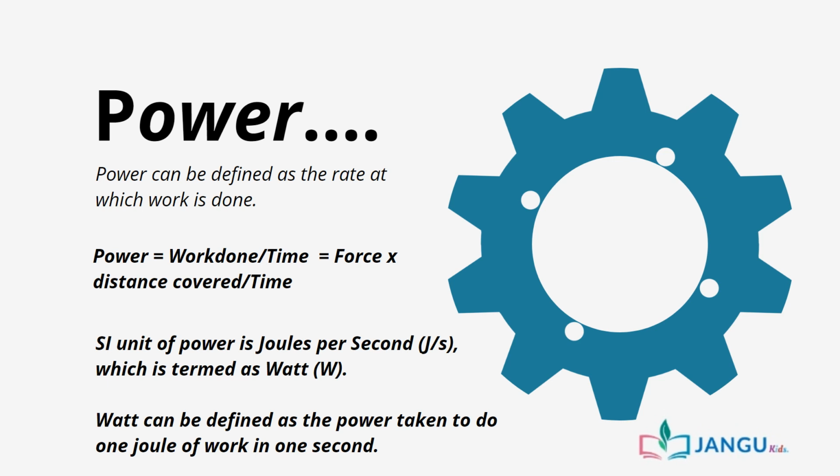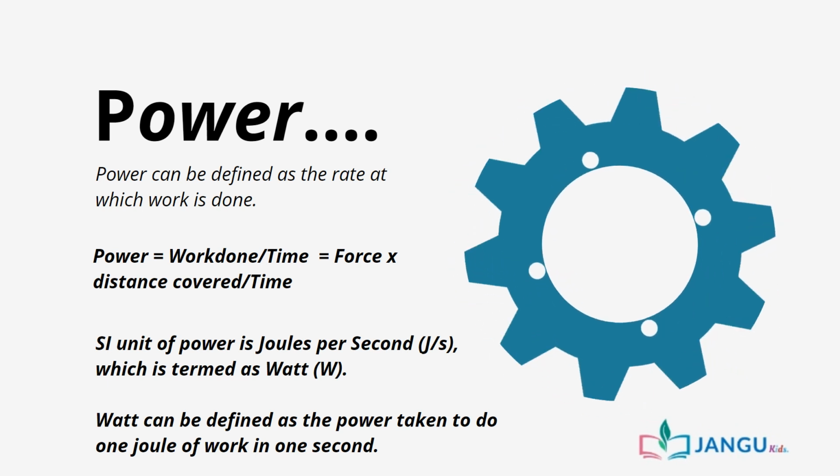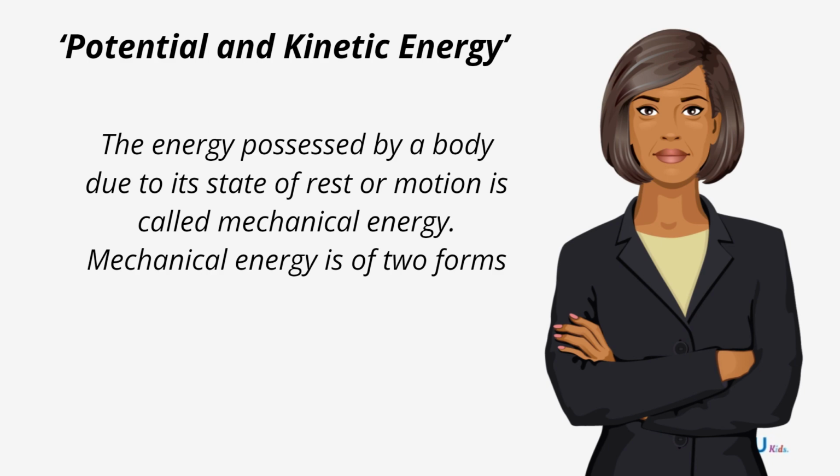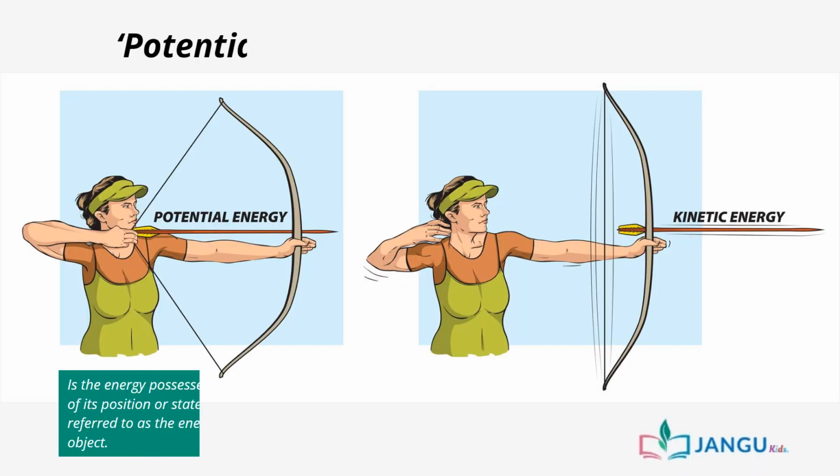We mentioned earlier the various forms of energy. Here we will be looking at potential and kinetic energy. The energy possessed by a body due to its state of rest or motion is called mechanical energy. Mechanical energy is of two forms: potential energy and kinetic energy.